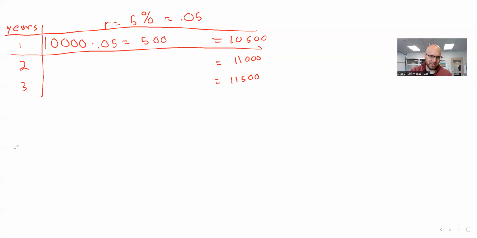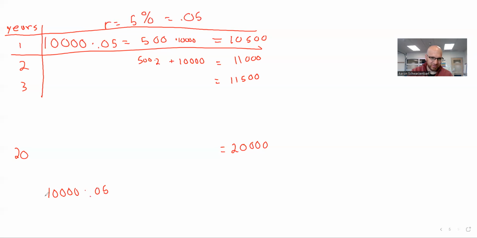If I wanted to get down to year 20, I get 20,000 because I've done 500 times 20, and then I've added my initial 10,000. Okay, so here 500 times 2 plus 10,000. So really what I've got going on here is I've got 10,000 times 0.05.